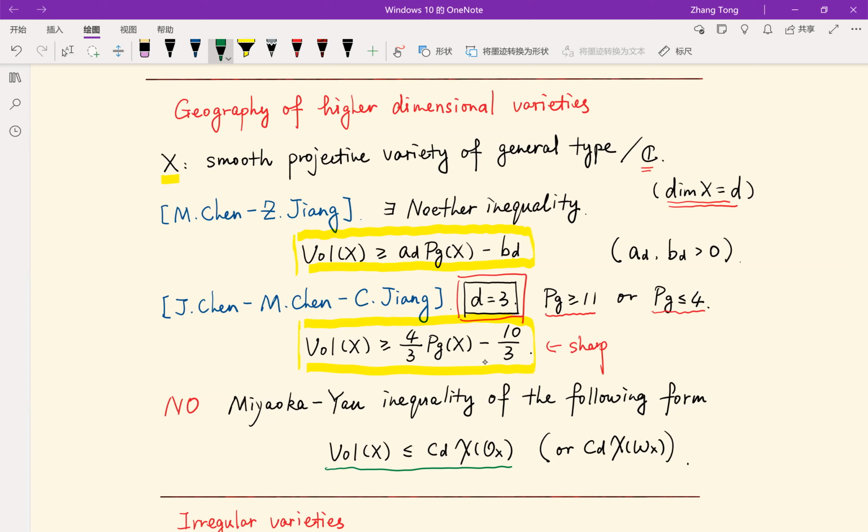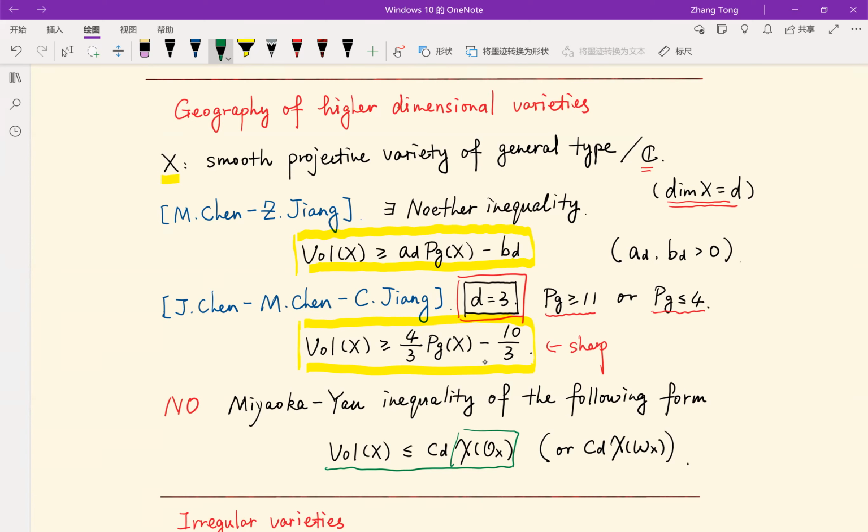The reason is that you cannot control the sign of this Euler characteristic, even though you assume that the variety X is of general type. Sometimes this character could be positive, and sometimes it is negative. So there's no uniform way to get a Miyaoka-Yau inequality of this form.